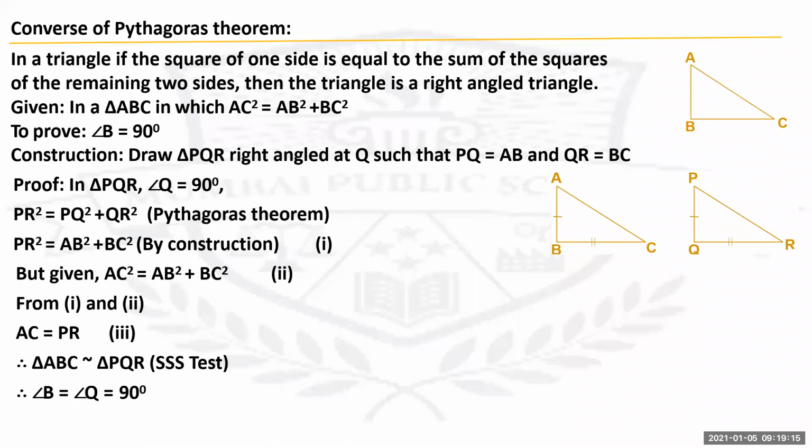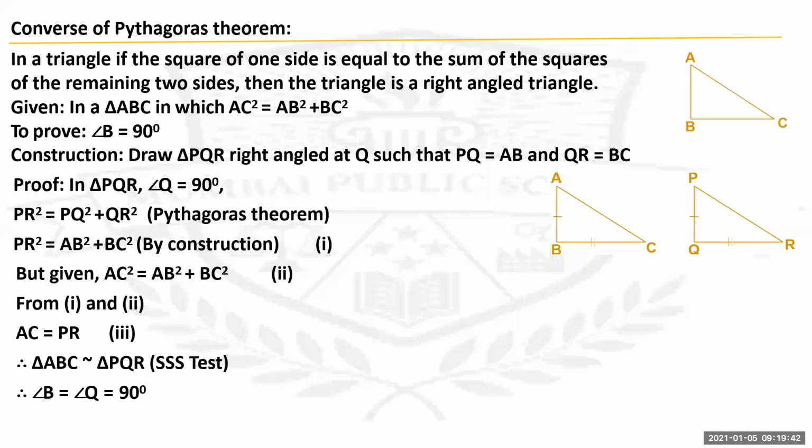Construction: draw triangle PQR right angled at Q such that PQ equals AB and QR equals BC. So in triangle PQR, angle Q equals 90 degrees. By applying the Pythagoras theorem, you'll get PR square equals PQ square plus QR square.